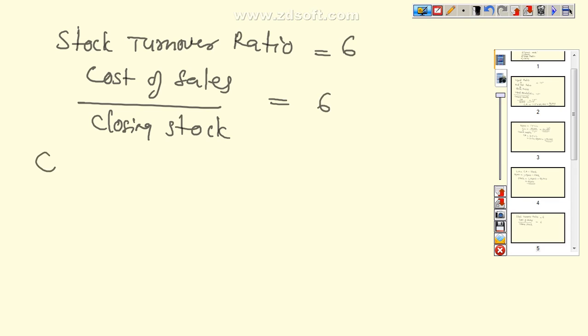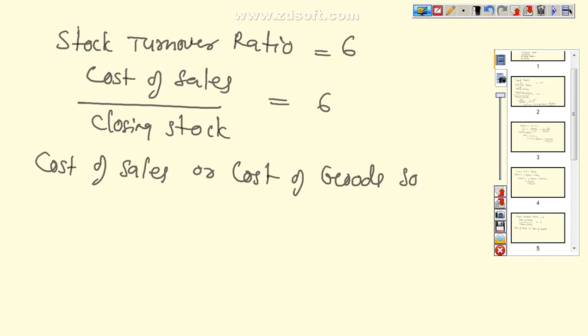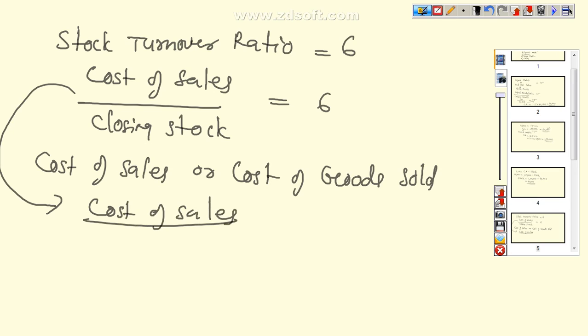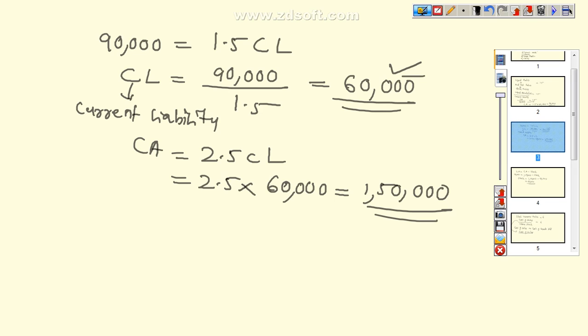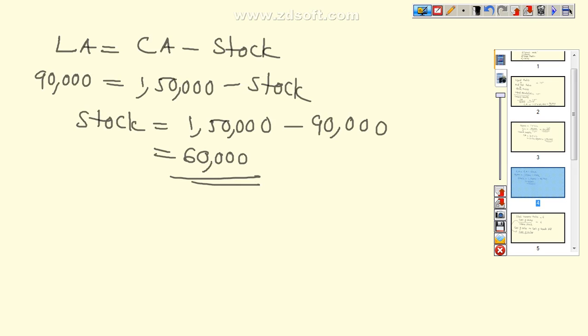Now cost of sale is the other name of cost of goods sold. We don't know cost of sale, but we know the value of closing stock, that we have already calculated. Stock is equal to 60,000.